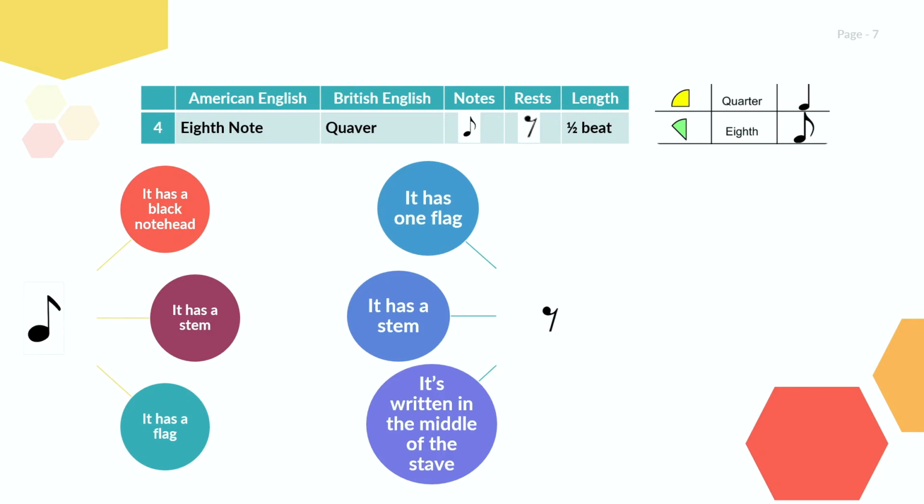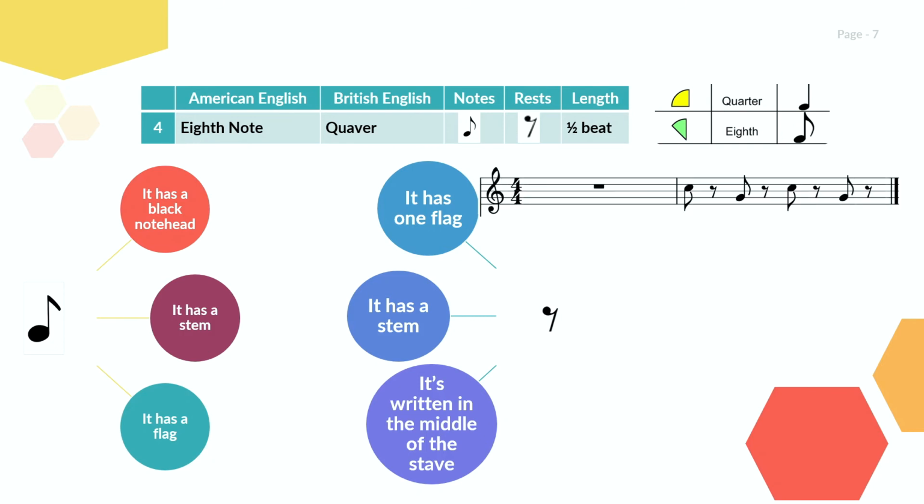It has a flag, but in a different direction, and it also has a stem at a diagonal angle. The quaver represents an eighth of the whole cake. Let's have a listen to the length of the quaver. This note or rest lasts for half of the crotchet beat.